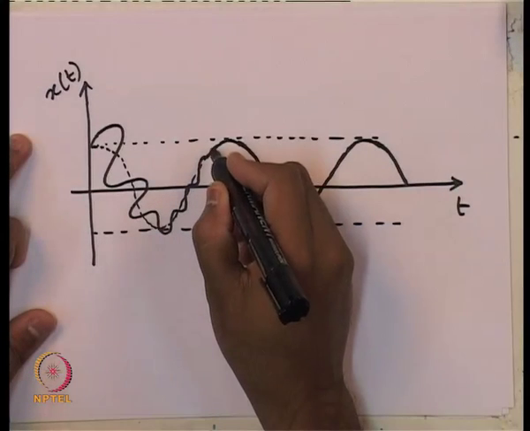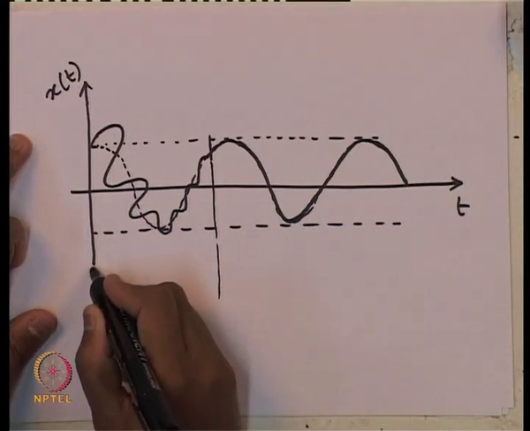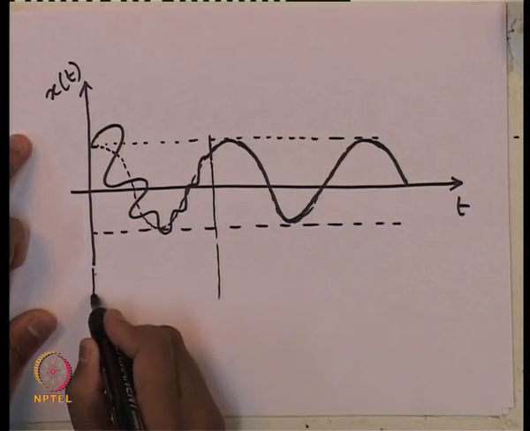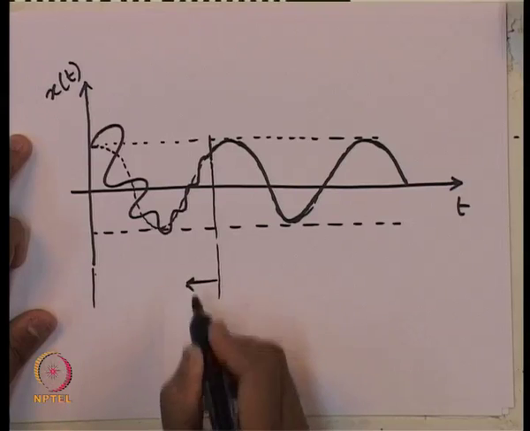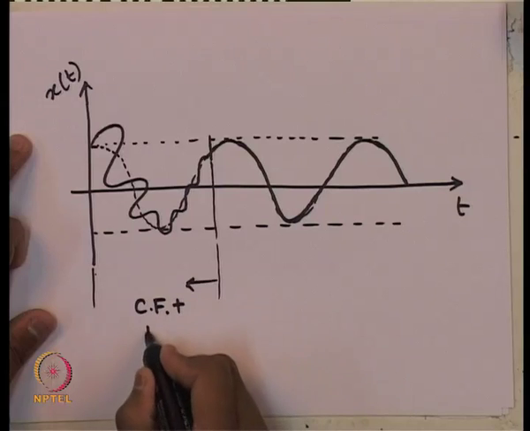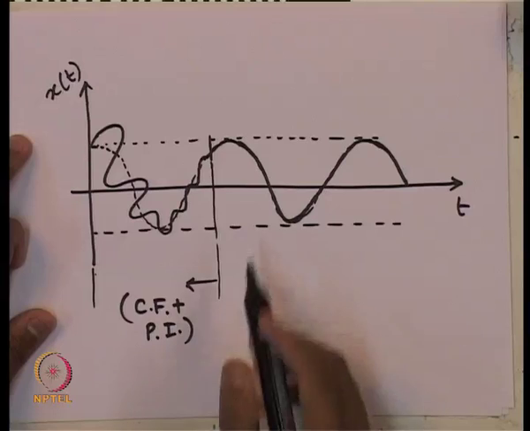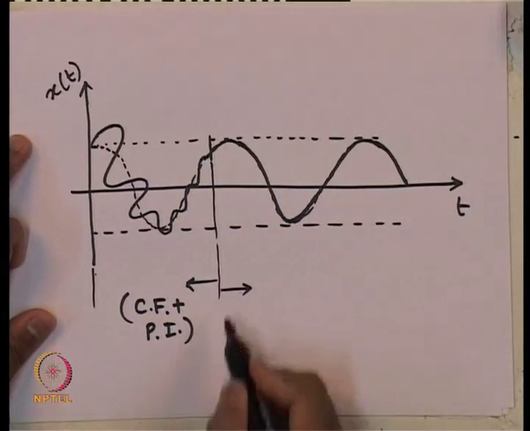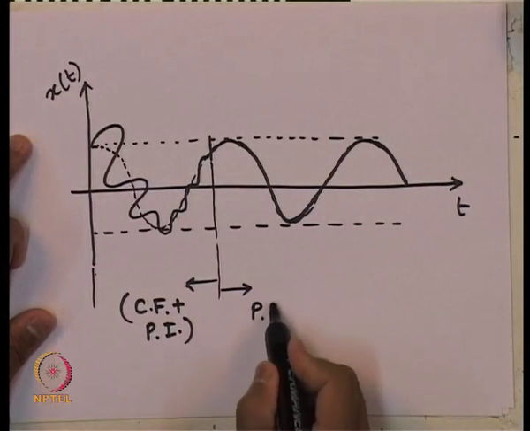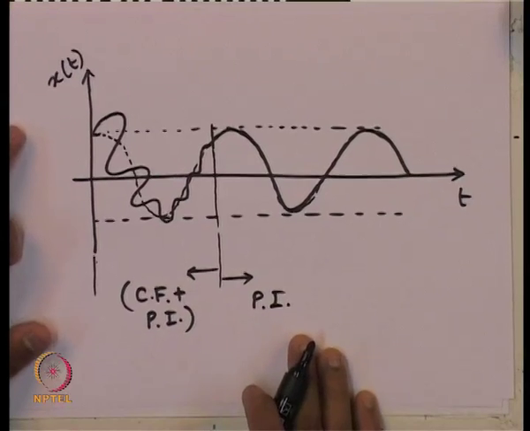So, clearly up to this point, we can see this zone has the complementary function plus the particular integral together as the solution. Whereas, beyond this point, after a certain time t, we have only the particular integral. What that means?